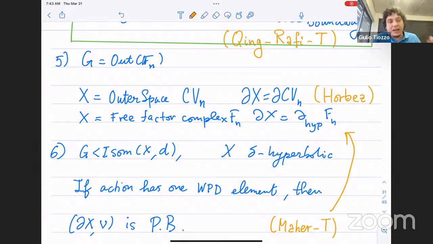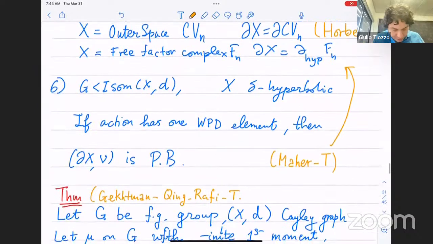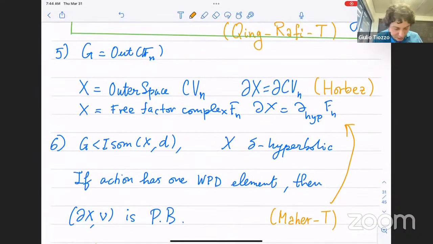The usual problem with the random walk theory is that if you see one WPD element once, which gives you some properness, you will see it infinitely many times along your sample path, and that fortunately gives you enough properness to estimate this entry. However, that would be another talk. So these are more or less the groups that at least I care about.